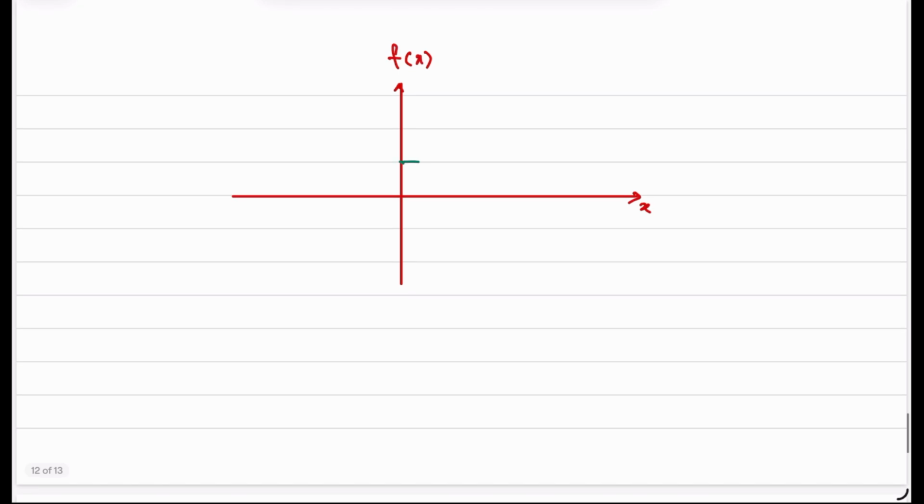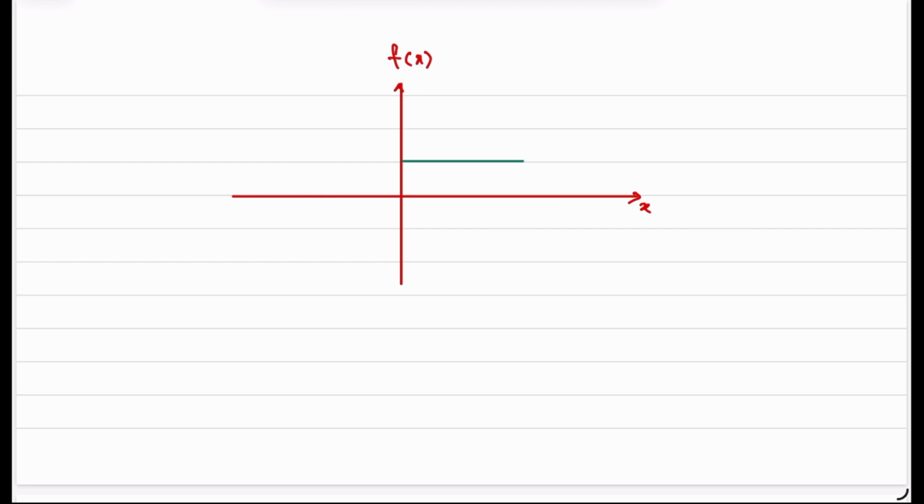This is function x, and if the straight line is this way, let me say, parallel to x-axis, y is not changing.